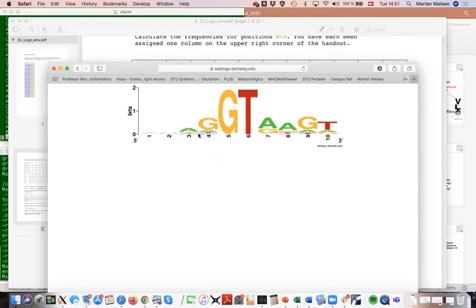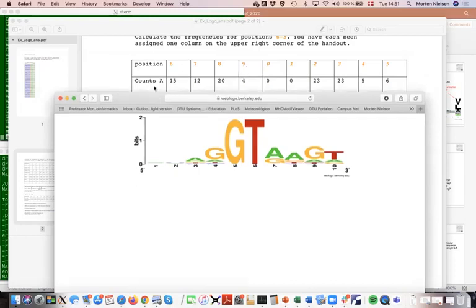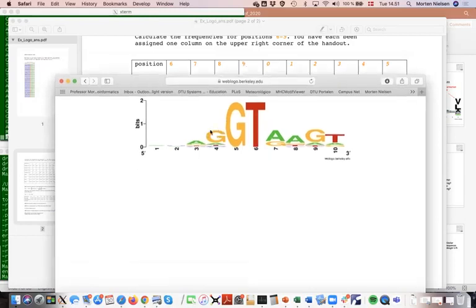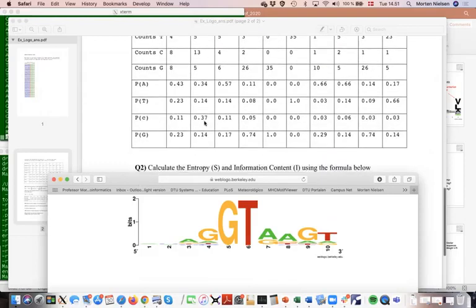And this logo here, for instance, at the G at P4, corresponding to this position 9 in the alignment, has the height of G is the biggest, followed by A, T, right? And then if you go back to your frequency table up here, you see here that G is the highest with a height of 74% of the total height.